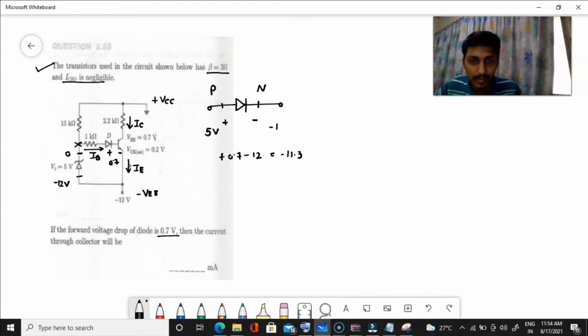So the diode is in operating condition, in forward bias, which can be replaced by a 0.7 volt battery.